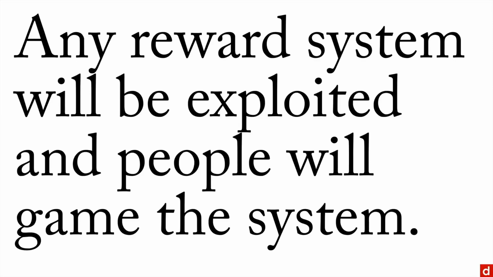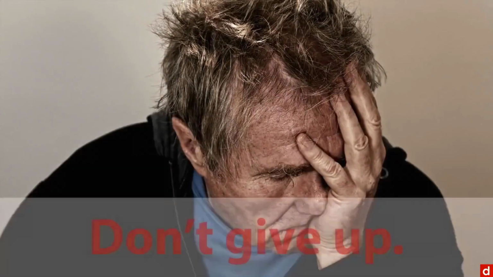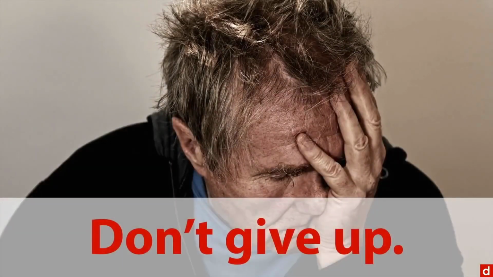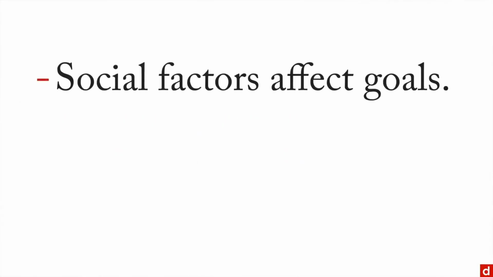Now, don't think then that all is lost. Don't give up. You can still do really wonderful assessment. You can get good metrics. Just be aware of these particular issues and be sensitive to them as you both conduct your research and as you make your recommendations. So, in sum, social factors affect goals, and they affect the way that you meet those goals.